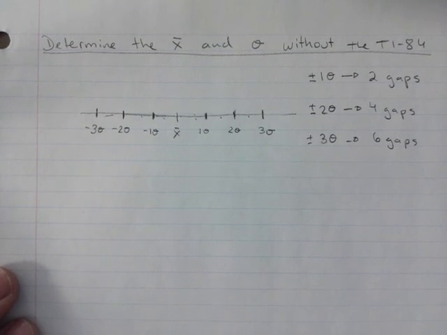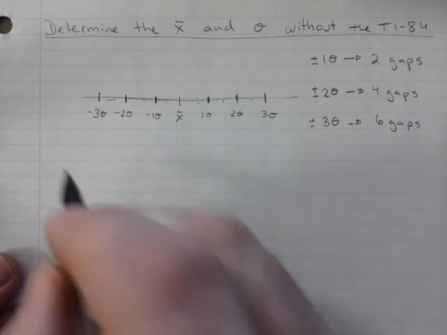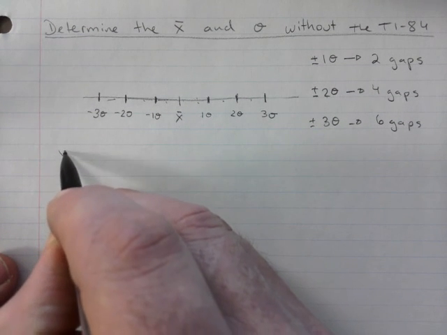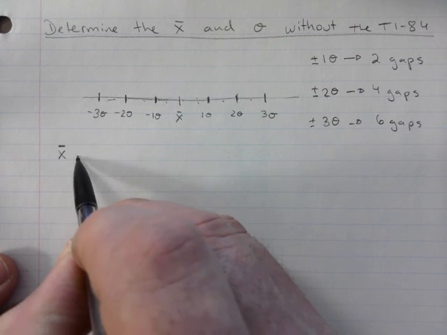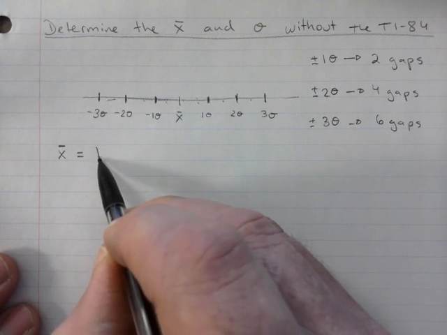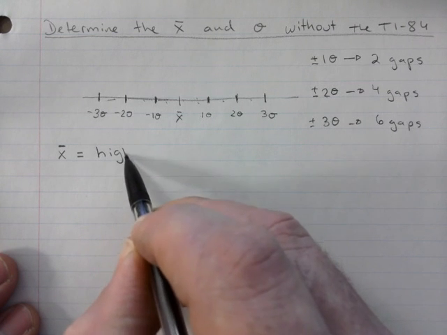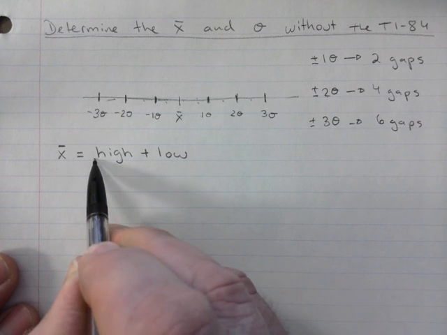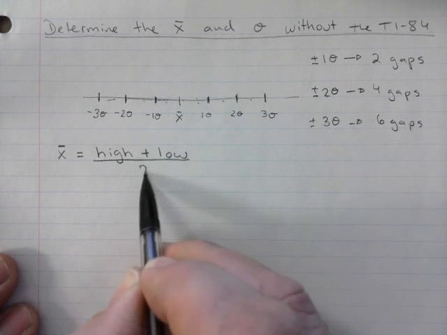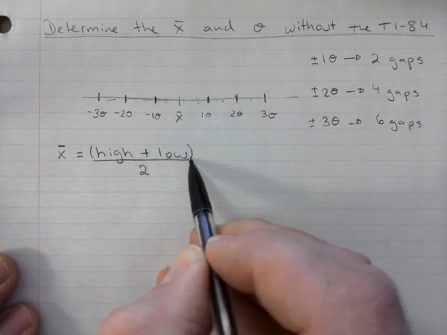So I'm just going to give you these formulas and we will practice them in a bit. To find the mean, you would take the high plus the low and you just divide it by 2. Okay, let's put brackets on the top.